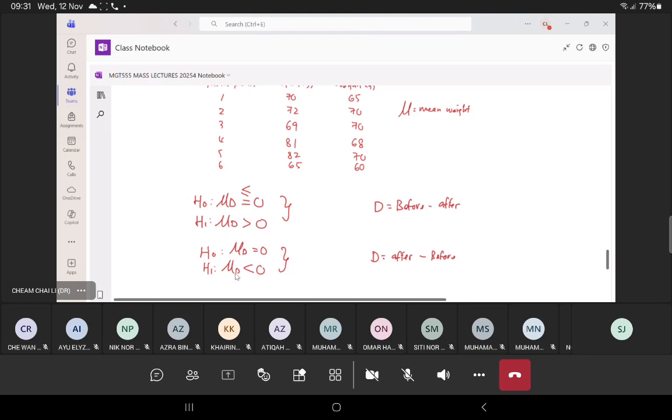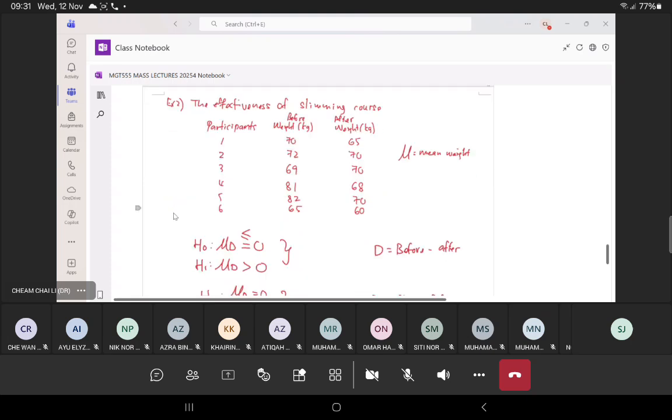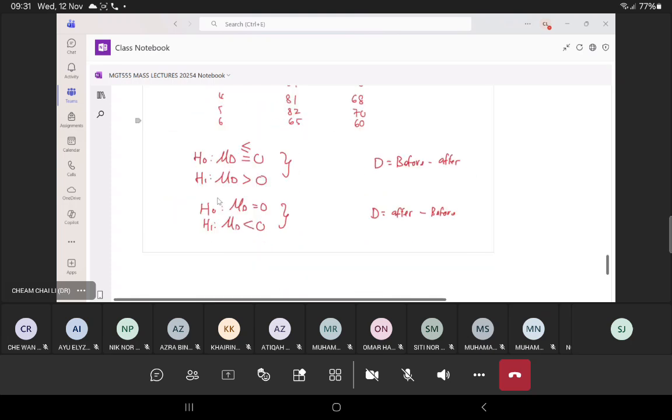Scenario yang kedua, alternative yang kedua, right? And you have the mu d less than 0. That means you have one tail to the left. Right? Yeah, you can use either scenario. Yeah, say for example, you have second scenario, second example. You boleh guna alternative pertama atau alternative kedua. Dua-dua boleh. Ya, decision akan sama. Contohnya, macam Mira guna alternatif pertama.